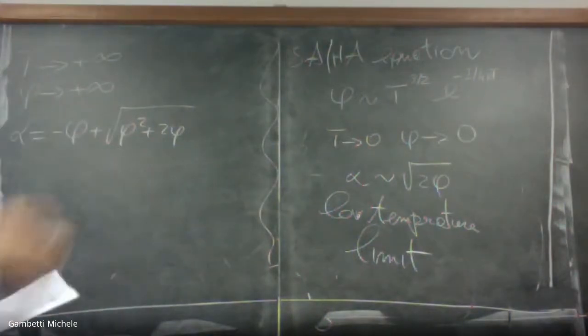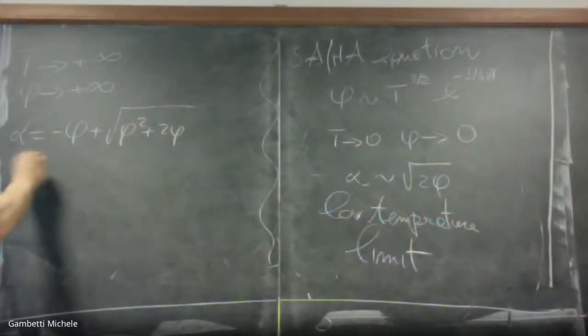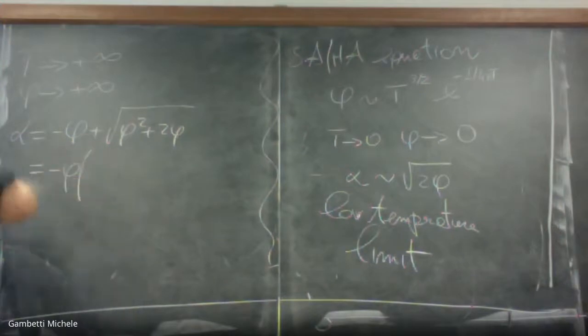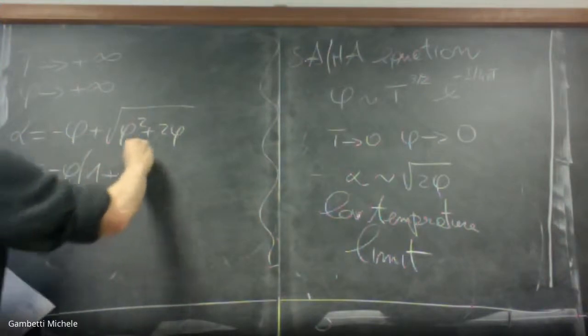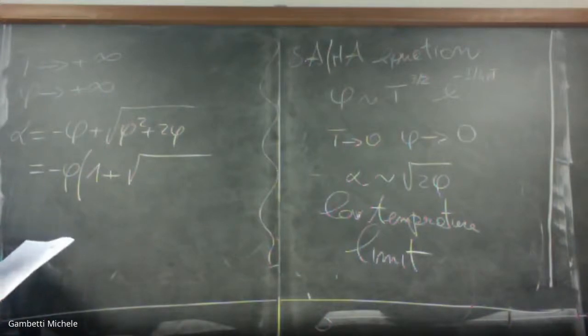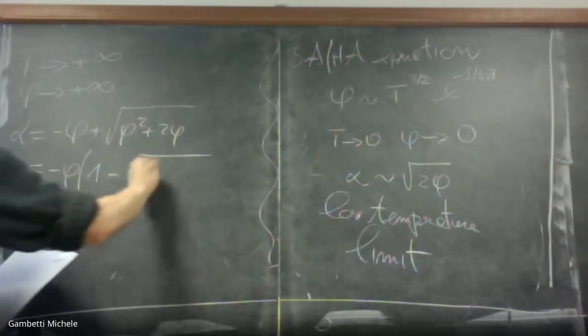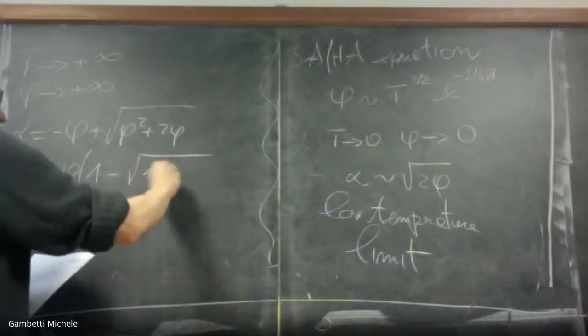Okay, so here I can do, if you want, a Taylor expansion, in the sense that I can do the following trick. So this is phi times minus 1 plus the square root of 1 plus 2 divided by phi. Yeah, so this is a minus, of course.